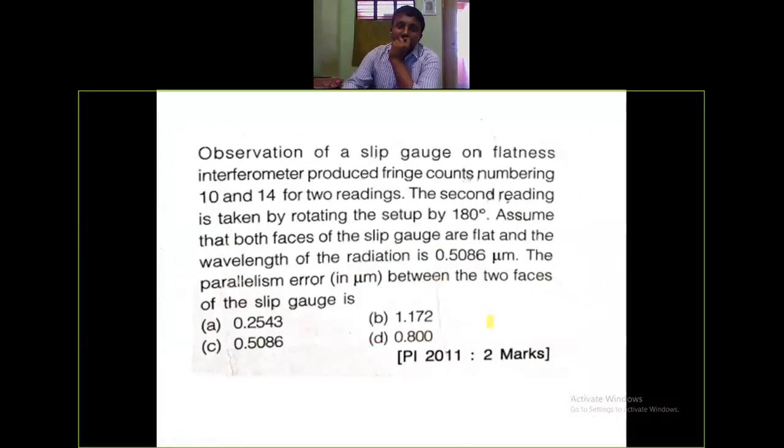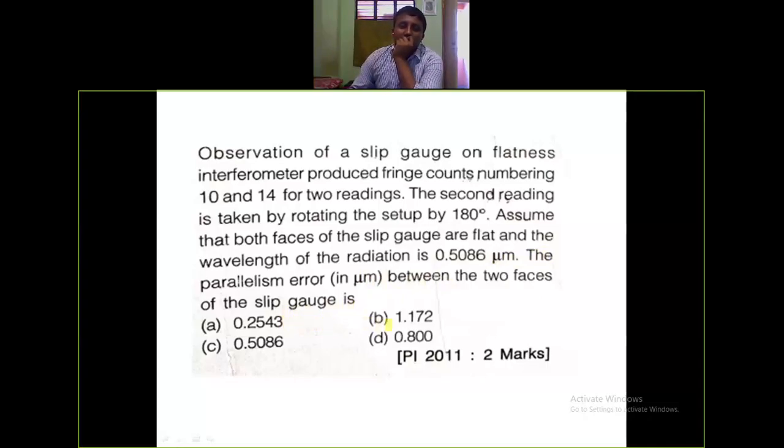Just moving to the next question. Observation of a slip gauge on a flatness interferometer produces fringe counts numbering 10 and 14 for two readings, and the second reading is taken by rotating the setup by 180 degree. Assume that both faces of the slip gauge are flat and the wavelength of the radiation is 0.5086 micrometer. The parallelism error between the two faces of the slip gauge is, four options are given.